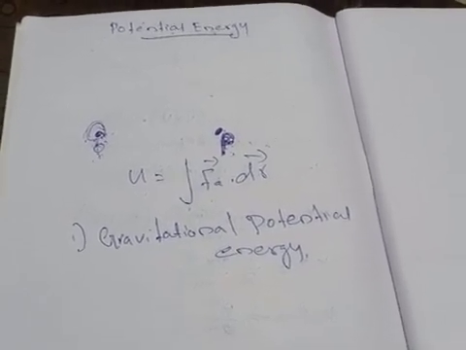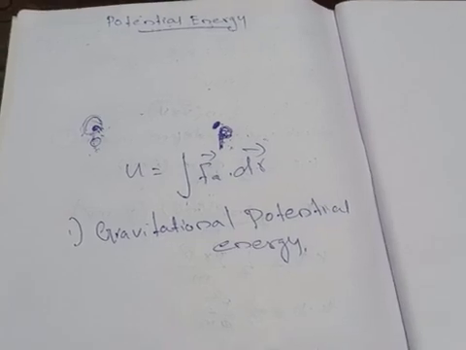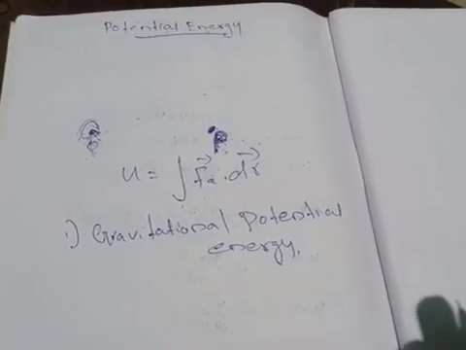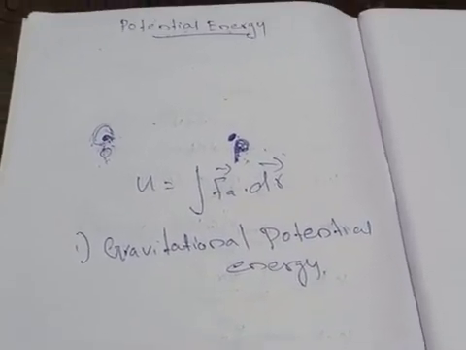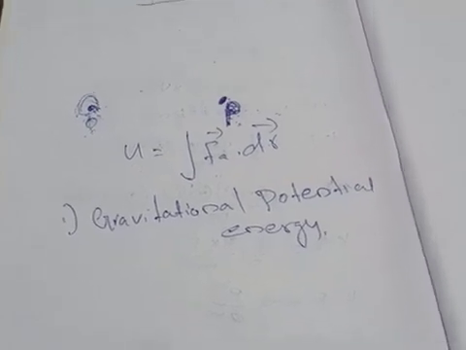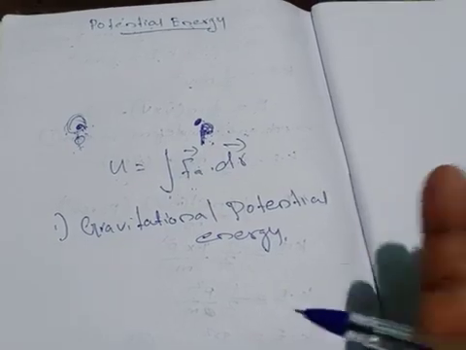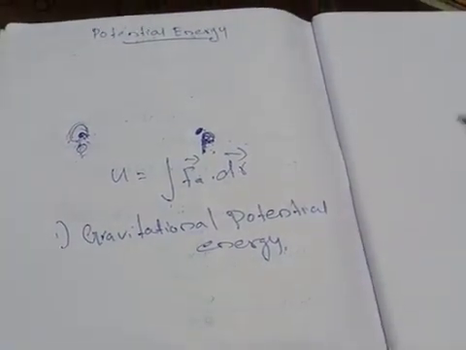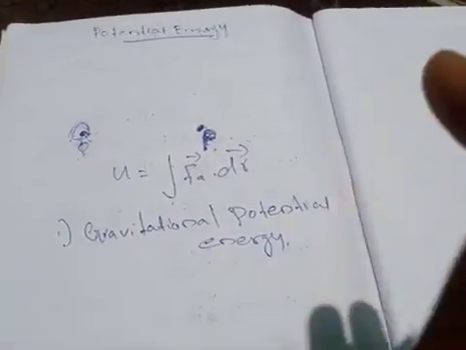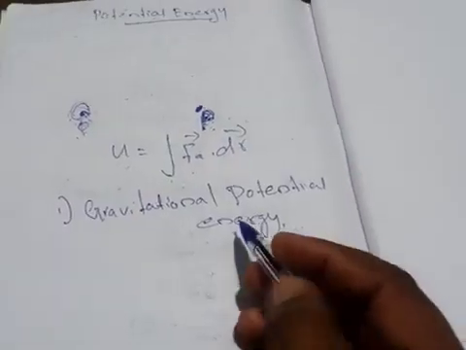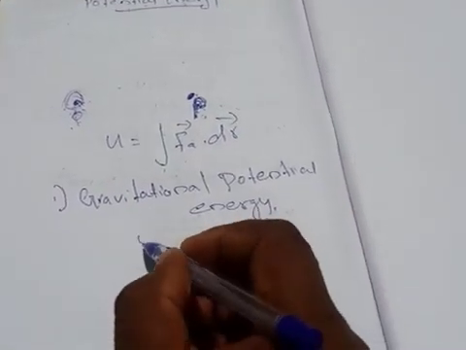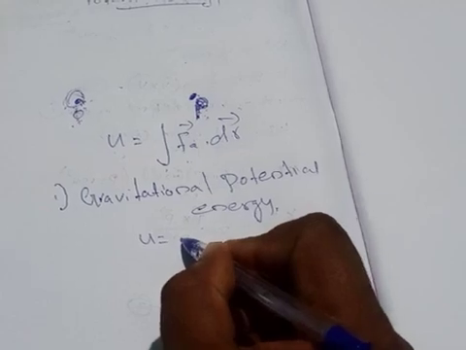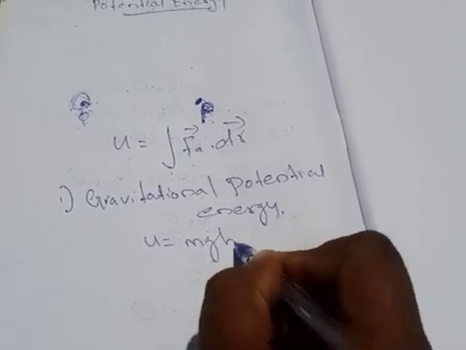The energy possessed by a body due to gravitational force gives rise to gravitational potential energy. So against this gravitational force, when we lift some object upward and place it somewhere, it possesses gravitational potential energy, and the equation we use is U is equal to mgh.